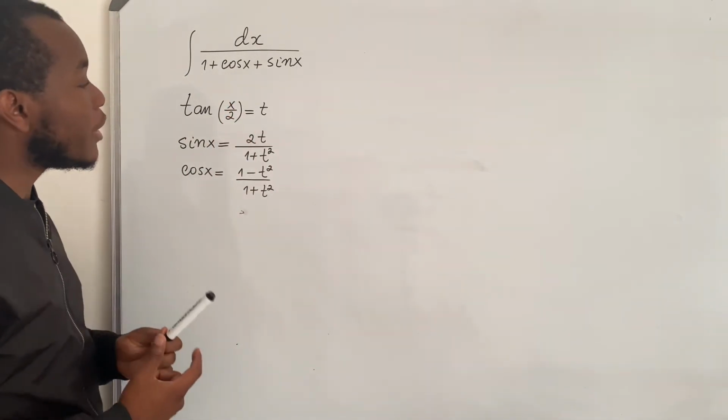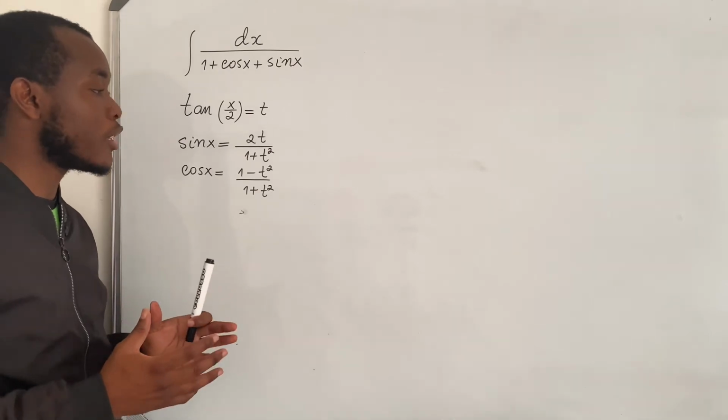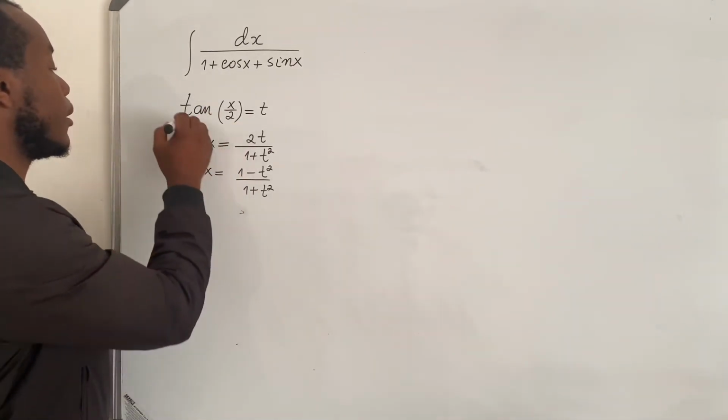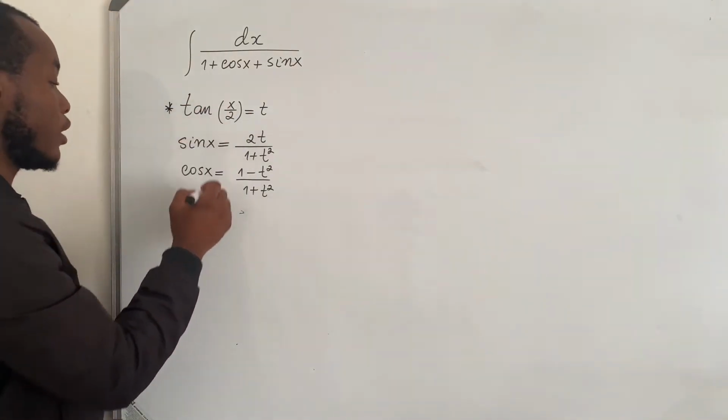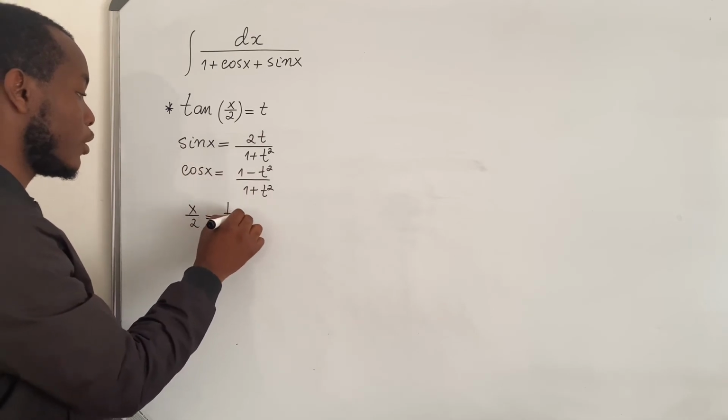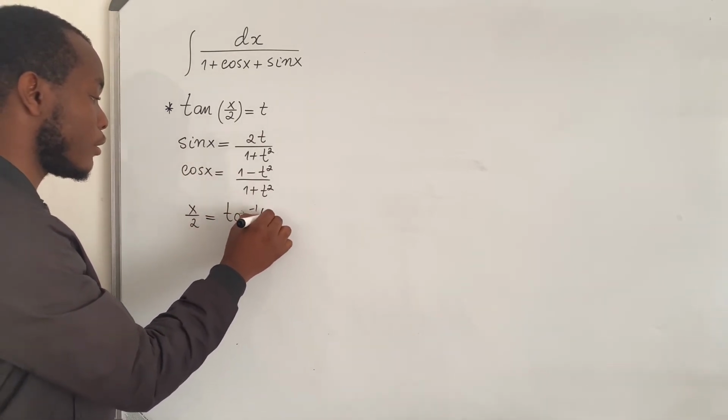But what will be our dx? Because in the integral, we'll always have to find the expression of dx. So we can isolate from this expression, we're going to have x over 2 equal to inverse tan of t.